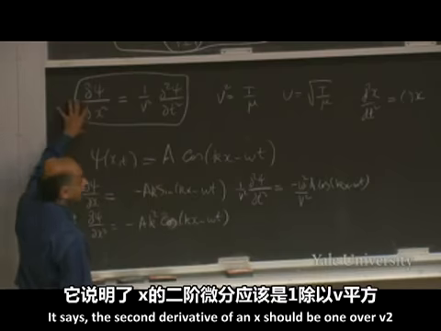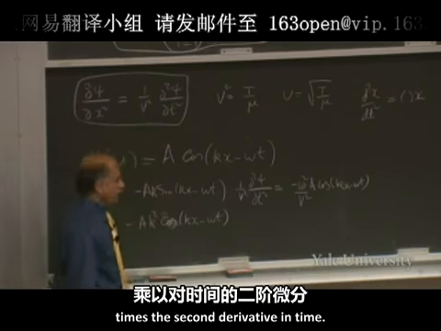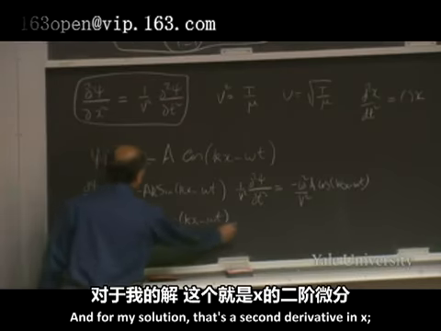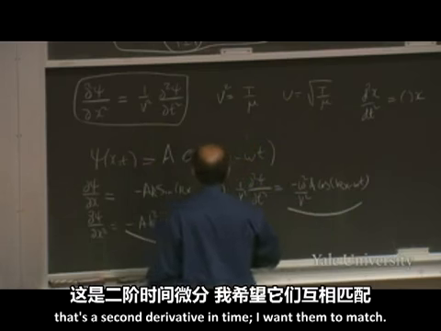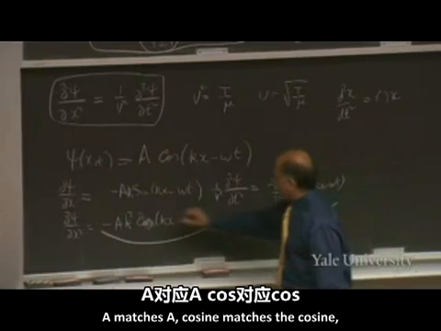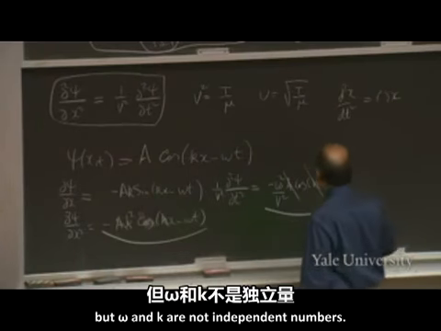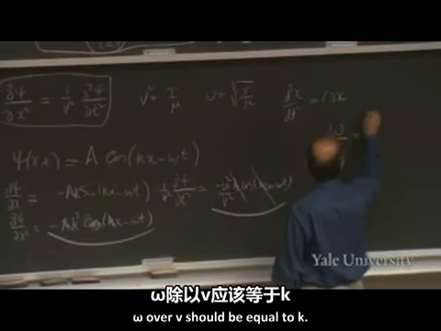It says the second derivative in x should be 1 over v squared times the second derivative in time. And for my solution, that's the second derivative in x, that's the second derivative in time. I want them to match. Well, they're almost there. A matches A, cos matches cos. But omega and k are not independent numbers. Omega over v should be equal to k.